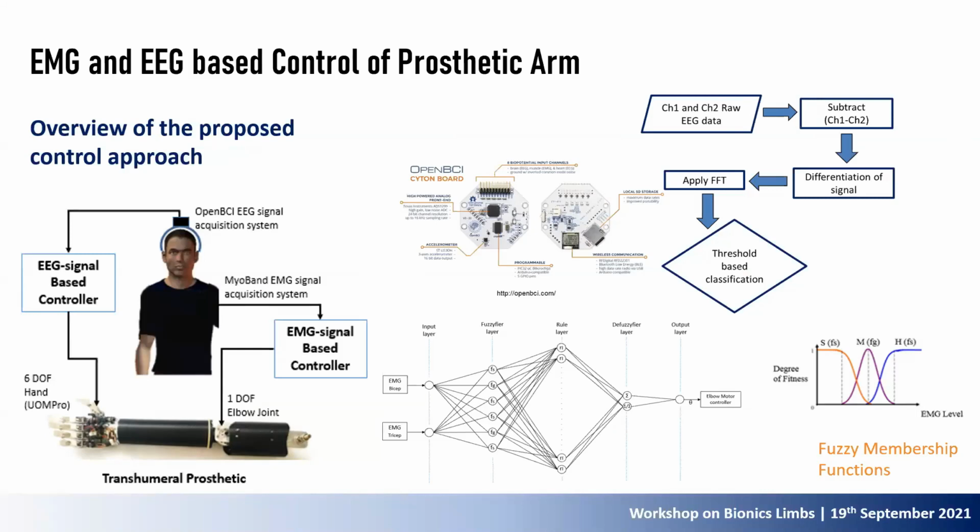We use an OpenBCI system to capture the EEG signals of two frontal EEG channels. Then we transform the pre-processed time domain EEG signals to the frequency domain, and use a simple threshold-based classification to detect the user intention. I think you might not understand some of these concepts and algorithms, so I have shared some links to the papers. You can follow those papers to get more idea about the research.